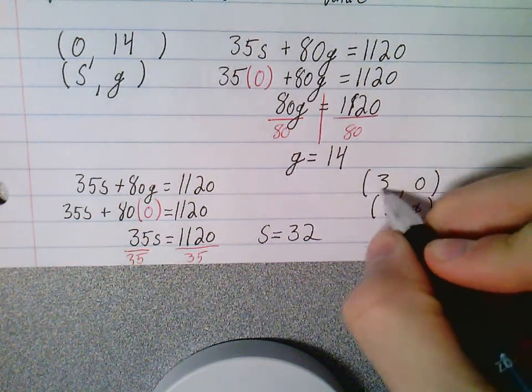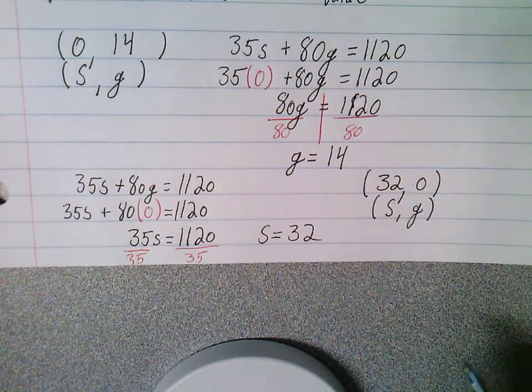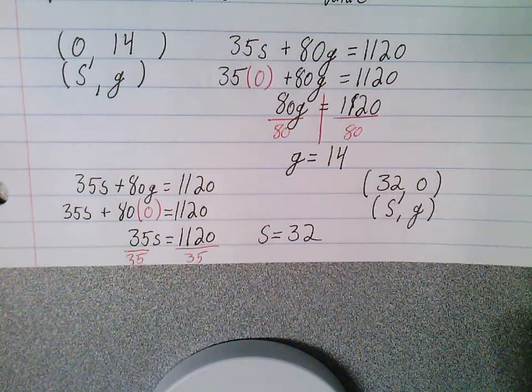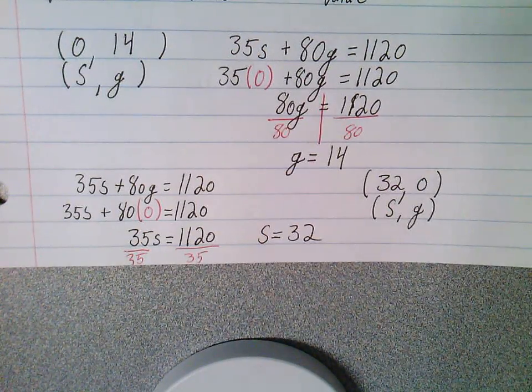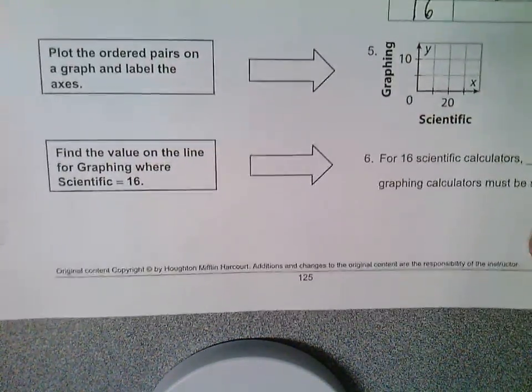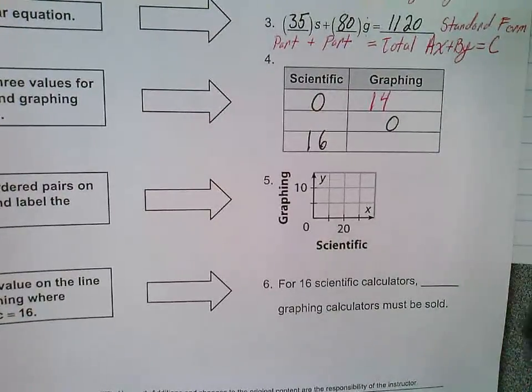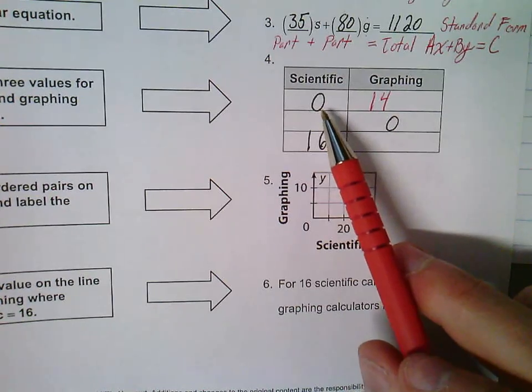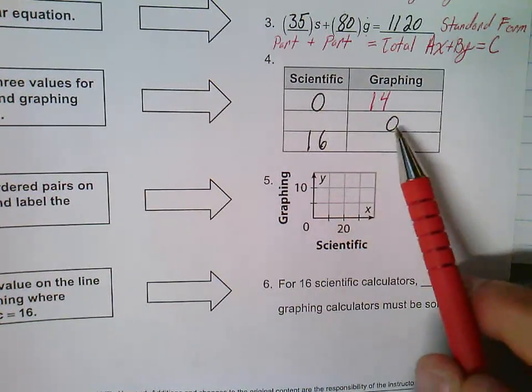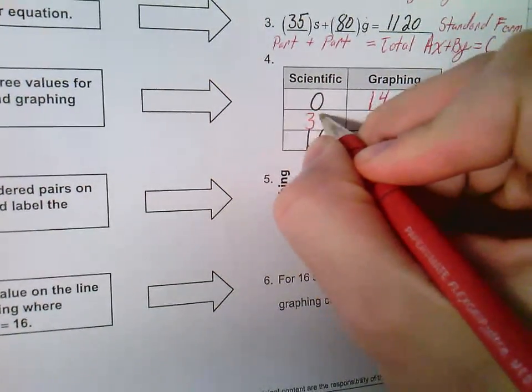So 32, 0 is my second point. So I go back into my table here, and the number of scientific calculators I have to sell if I sell 0 graphing is 32.